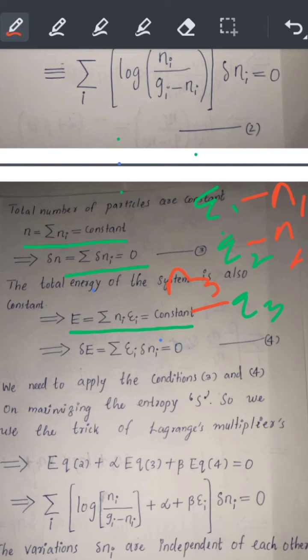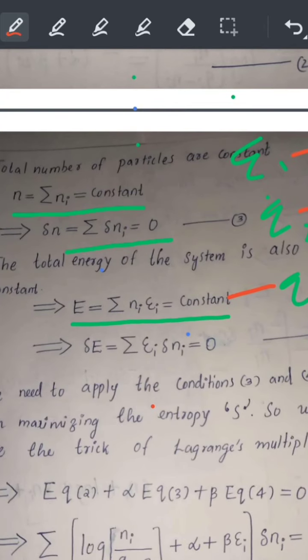So the total energy of all these particles is n1 into E1, since n1 particles have E1 energy, plus n2 into E2 plus n3 into E3. That total energy is conserved. So you can write total energy E as summation over i ni ei.